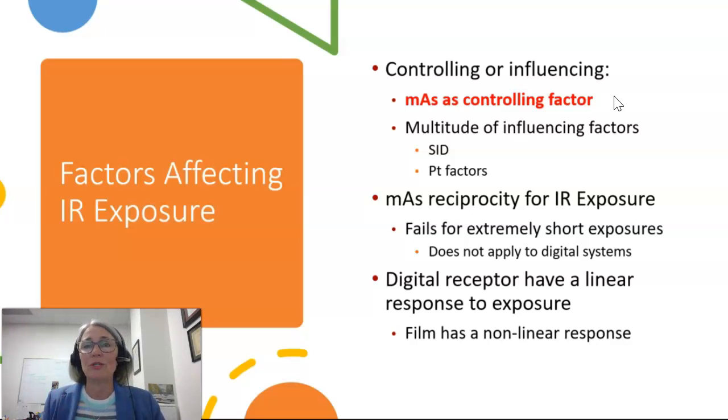Also, patient factors. If you're dealing with air versus bone, there's a big difference in the subject contrast or the subject density inside the patient. That's going to change how many photons are absorbed or how many photons are transmitted. We also use mAs reciprocity for IR exposure. The thing is, mAs reciprocity fails for extremely short exposures.